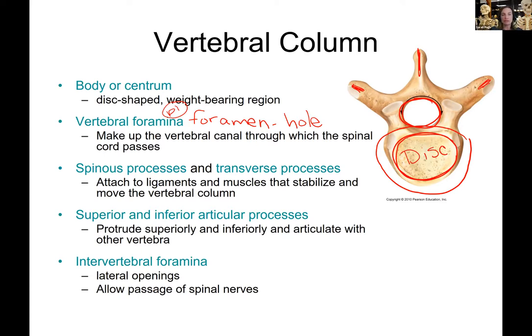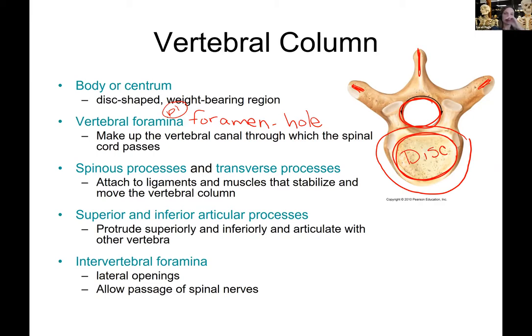On your bones, anytime you have a big projection sticking off, like the spinous process or the transverse process, it is there either because it's forming a joint or because you've got big muscles connecting there. And in this case, you've got big back muscles connecting to the spinous processes and to the transverse processes.